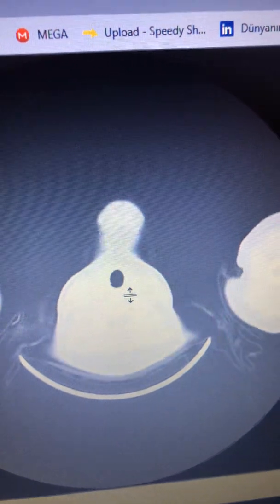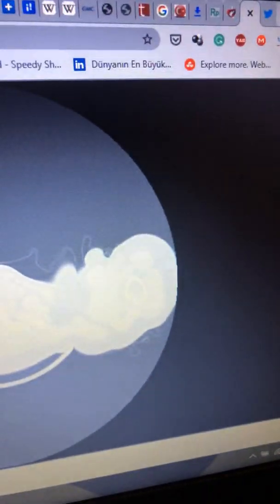I'm going downwards: the right shoulder, the left shoulder. And here we are beginning to see the right apical region, I mean the top region of the right lung and the left lung here.